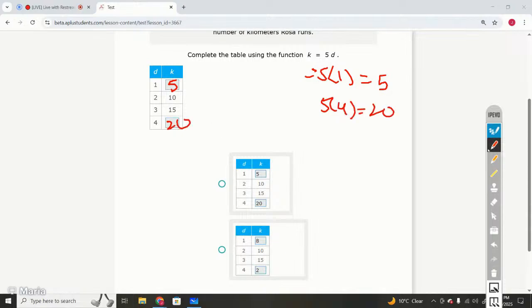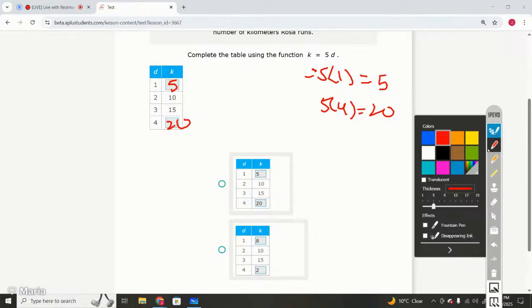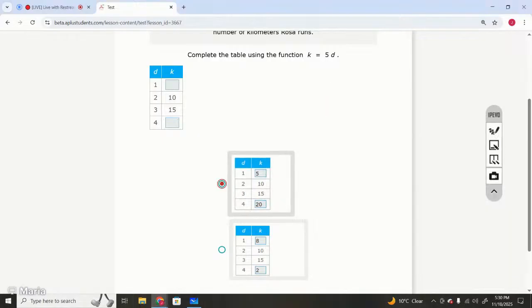So the missing values are 5 and 20. Option number 1 is the correct option.